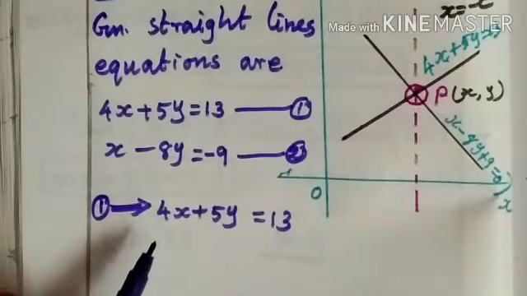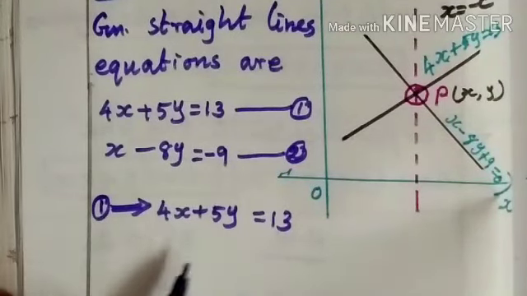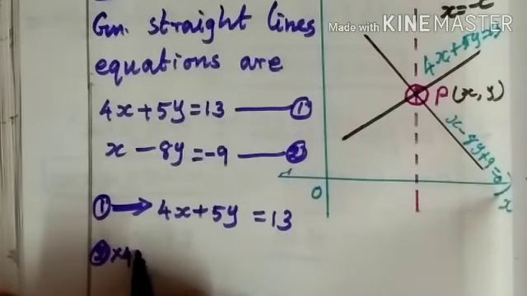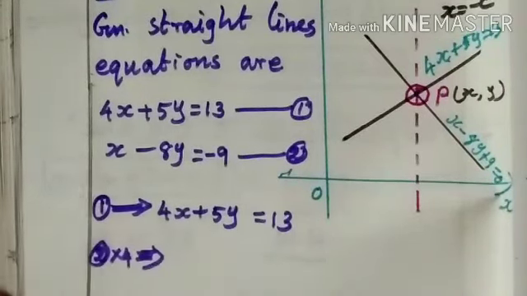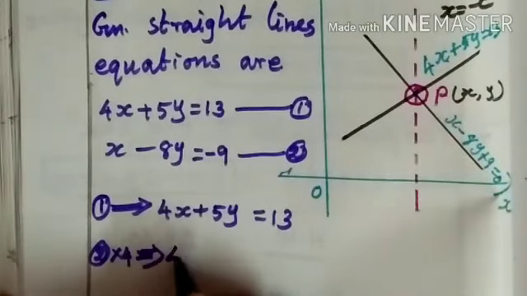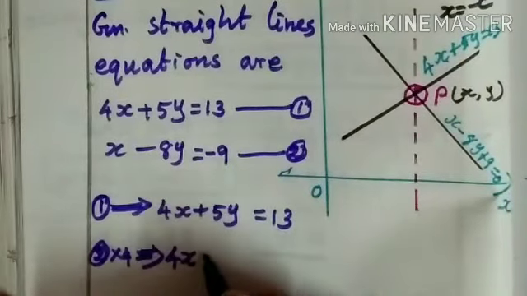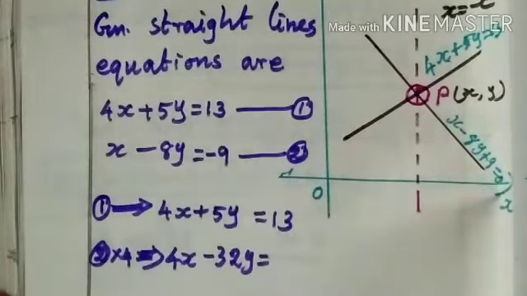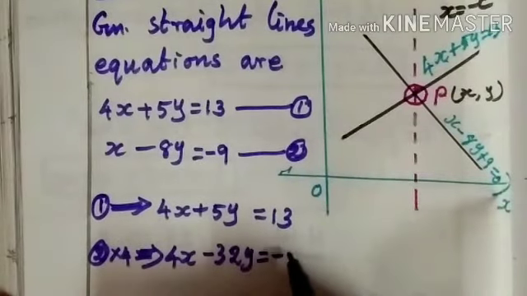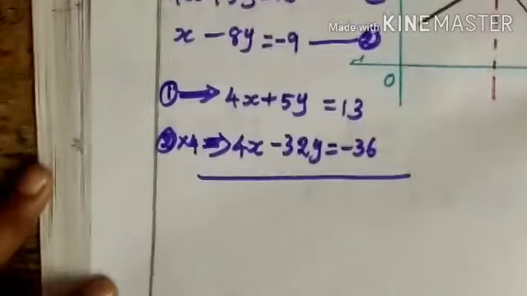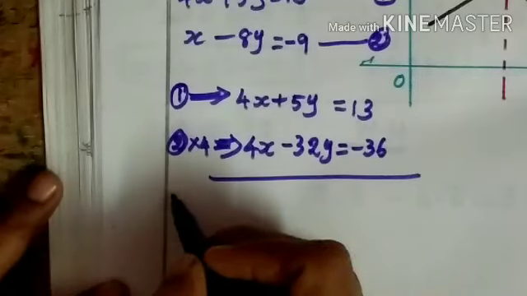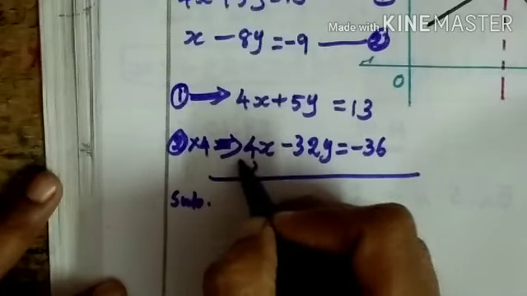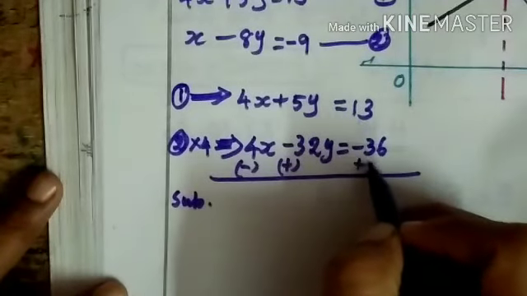We need to cancel the x term. So, second equation you have to multiply by 4. Means we get 1 into 4, 4x, minus 8 into 4, minus 32y is equal to minus 9 into 4, minus 36. Now you have to subtract these two equations, means change the sign, minus plus plus.